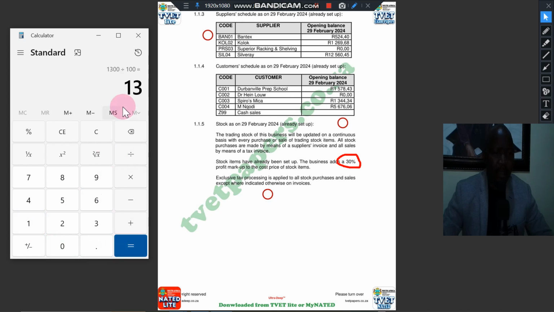You get 13 Rand. So your new selling price will become 13 Rand with this current profit markup percentage. Okay, another student can use a short formula to say 10 multiplied by 1.3 equals also 13 Rand. So it depends whether you are the long formula person or the short formula person.